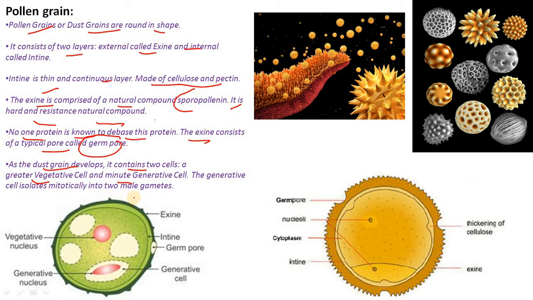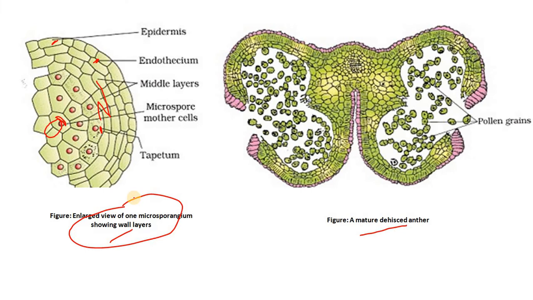So, as we know, the cells of the tapetum are multinucleate, and this layer is one of the innermost layers of the anther wall. It is necessary to know that the middle layer is composed of three or four layers of thin-walled cells.